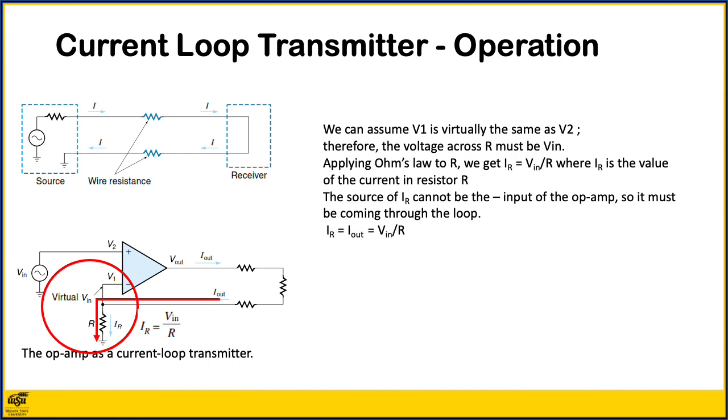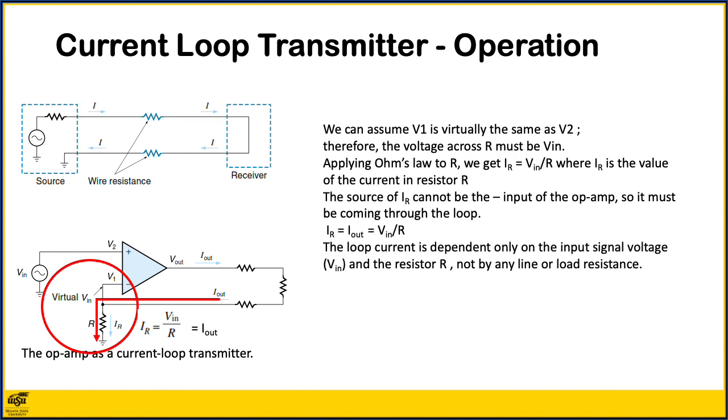That is, IR is equal to Iout, which we see is equal to Vin over R. Thus, the loop current is dependent only on the input signal Vin and the resistor R, and not on any line or load resistance.